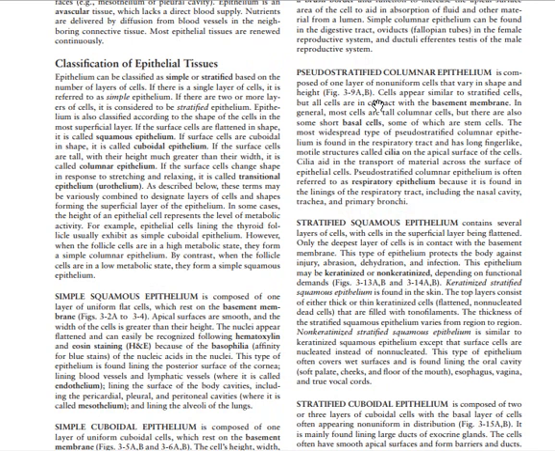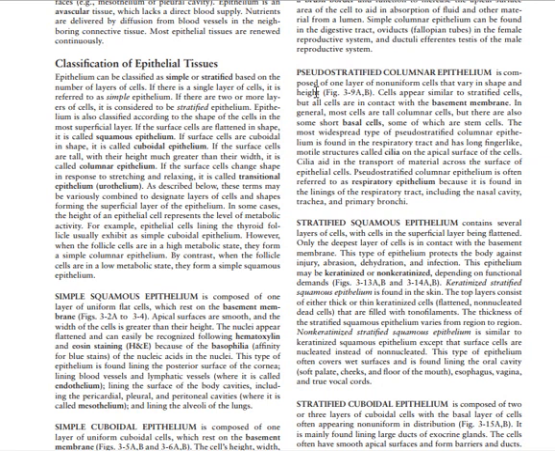Now, in pseudo-stratified, the problem here is that the cells have different heights. One is tall, one is short, one is tall, one is short. Those different heights also come with different positions of their nuclei.